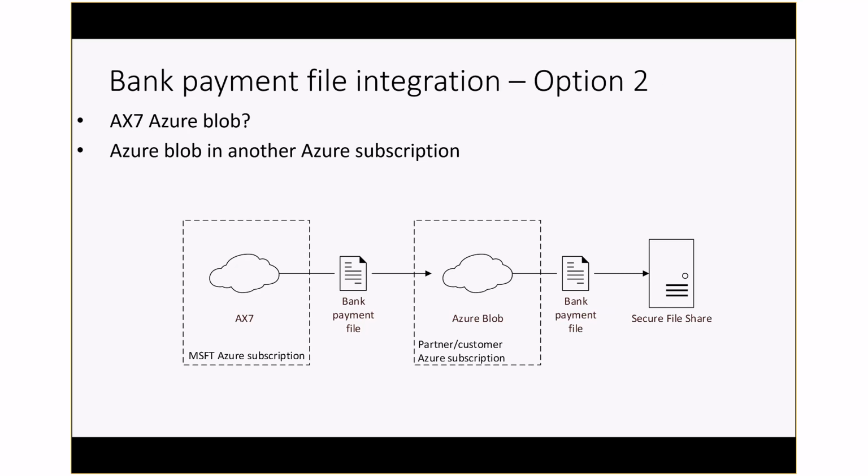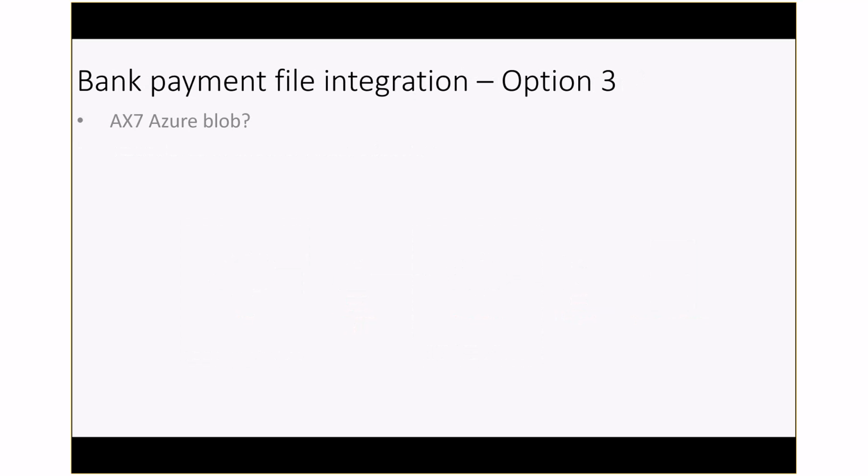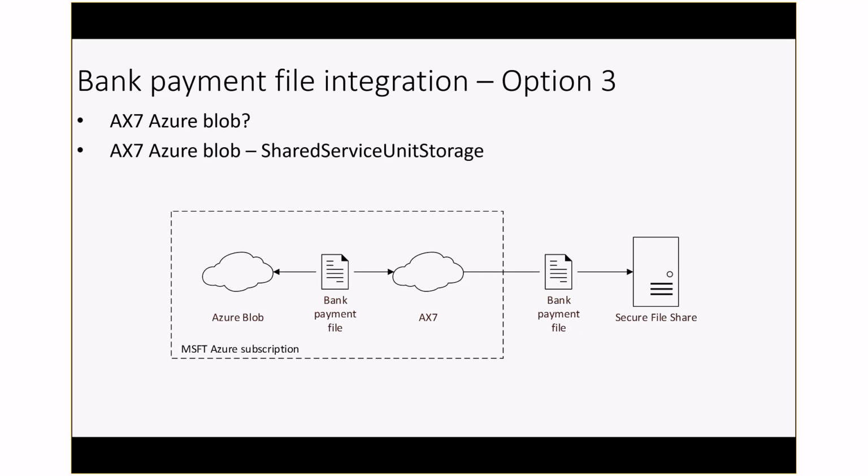You could obviously do this using a blob storage that the customer or the partner brings in, or you can use the blob storage that is already available within Microsoft's subscription. And obviously, since this blob storage is within Microsoft's subscription, no one else outside that subscription can have access to this blob storage.